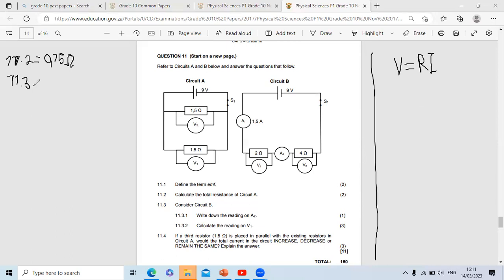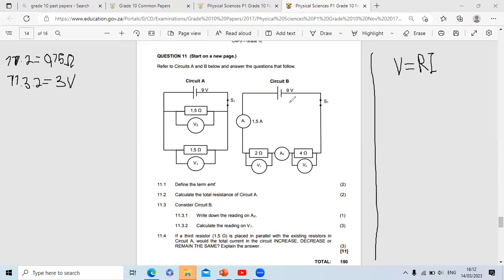Sorry, I'm a bit confused. Is it 9V equals 1.5 times? This should be your answer. So basically, when coming to circuits, you will get confused, but don't worry too much. We're going to focus only on a specific point.